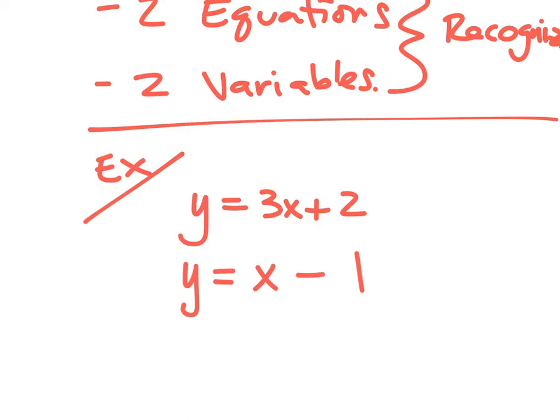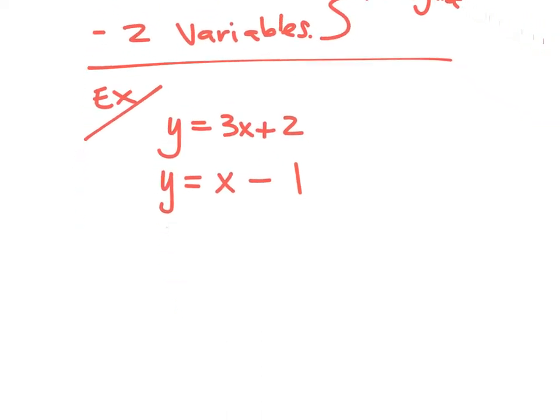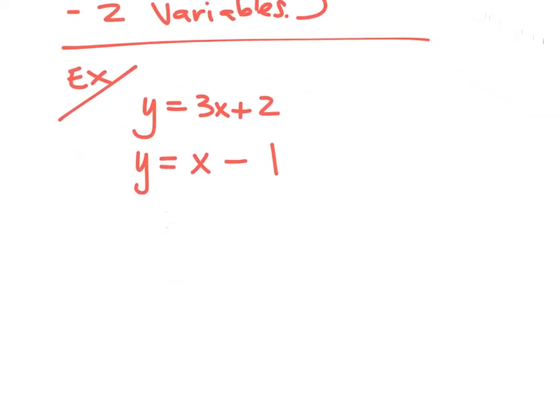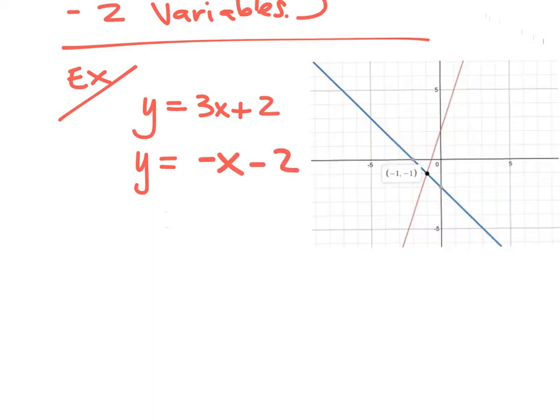Now, what I want to do, let me jump into Desmos real quick and graph both of these equations. All right, so change this to negative x minus 2. All right? Okay, so what I've done is I've just graphed both of these, okay? And they have a point of intersection.